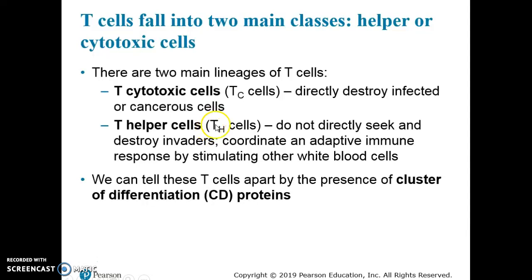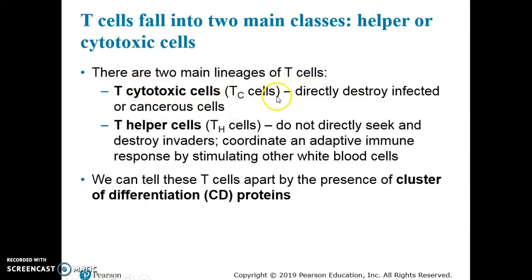But helper T cells are noted like this, with a large H, subscripted. Cytotoxic, cyto is cell, toxic is toxic, it's going to cause a problem to that cell. T cytotoxic cells directly destroy infected cells and cancer cells.